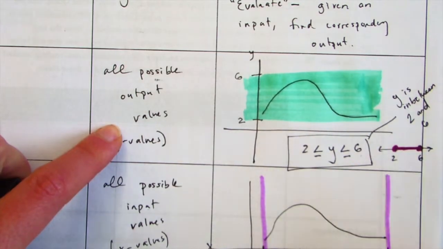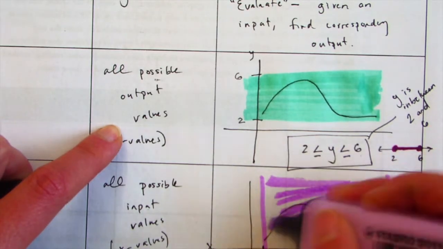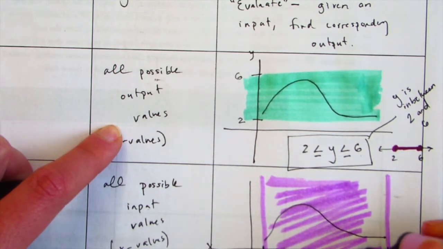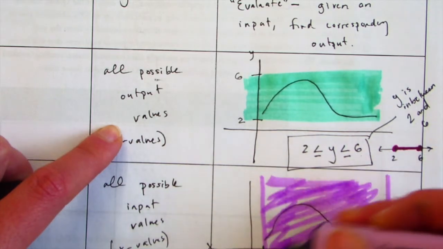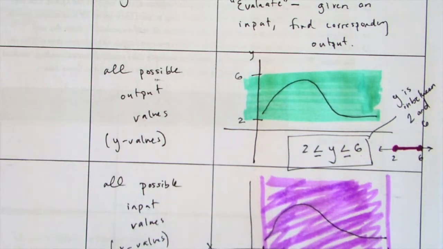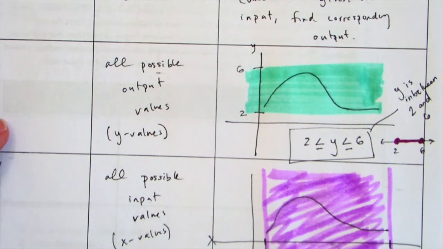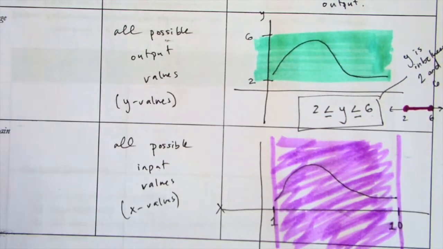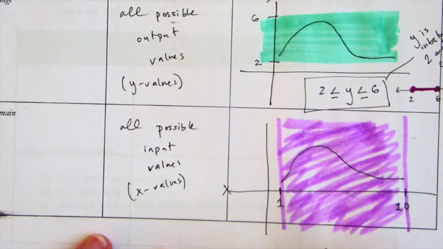So the lowest possible x value on the x-axis is 1. The highest possible x value on the x-axis is 10. So the domain is going to be all x values between 1 and 10. And the way we'd write that as an inequality is the domain is x values between 1 and 10.